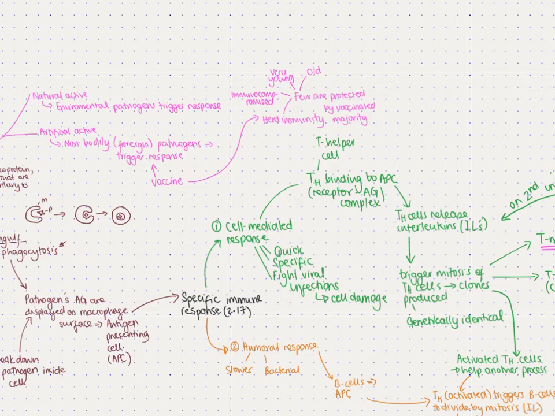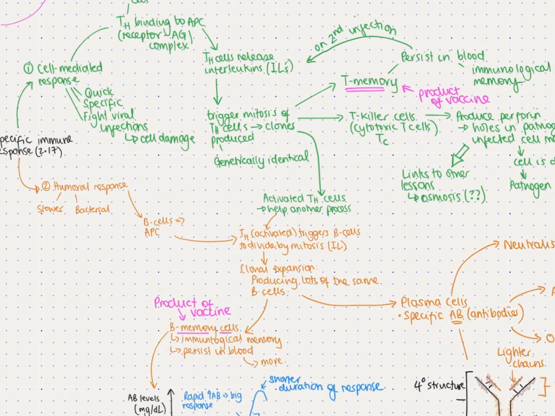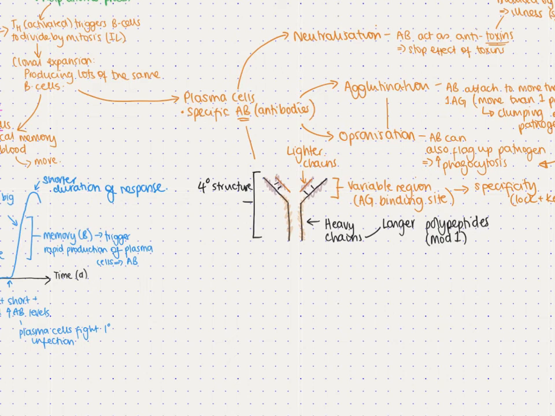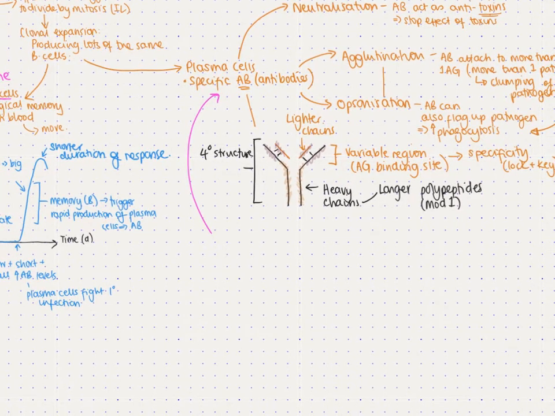Okay. Then we're going to take a look at where those natural and artificial passive responses are going to come in. So natural passive responses are those where we're just going to get antibodies in our body from a source that isn't you. Okay, so natural passive.